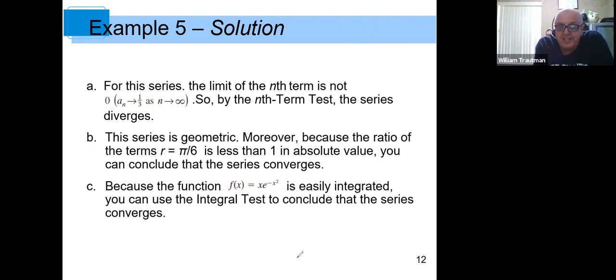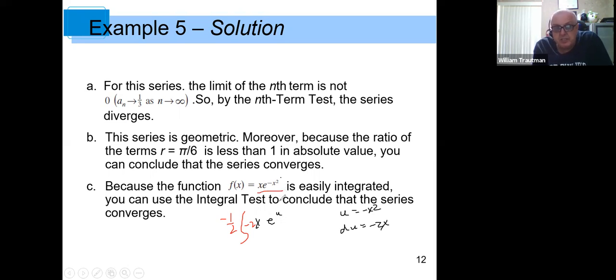C, don't forget that sometimes it's easier to just integrate something. This is x e to the u, where u equals negative x squared, and the derivative of u is negative 2x. So in here, I can put a negative 2 on the outside of this function when I integrate this. If I put a negative 2 there, I have to put a negative 1/2 here, because it has to cancel out and look like this.